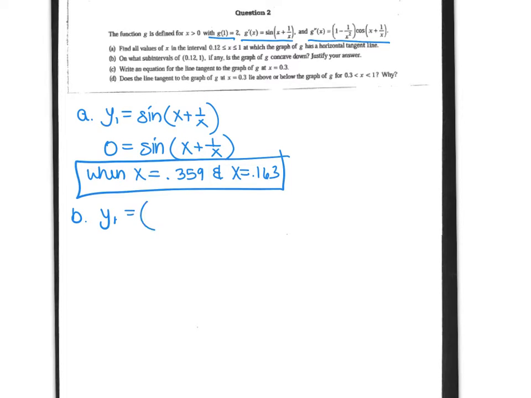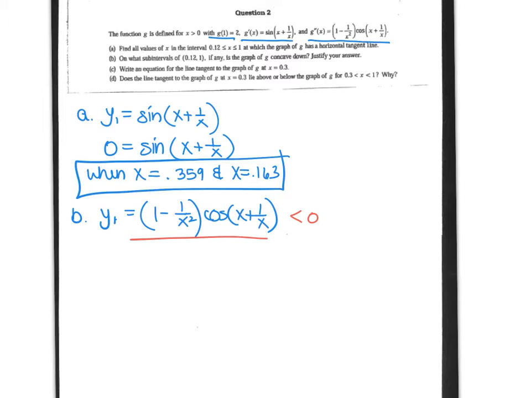So I put into my calculator 1 minus 1 over x squared times cosine x plus 1 over x, and we're looking again for where is it concave down. So I want to know when is this less than 0, okay?